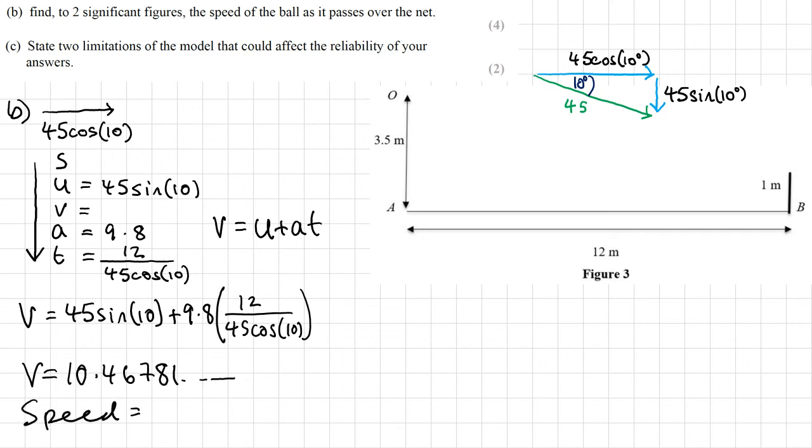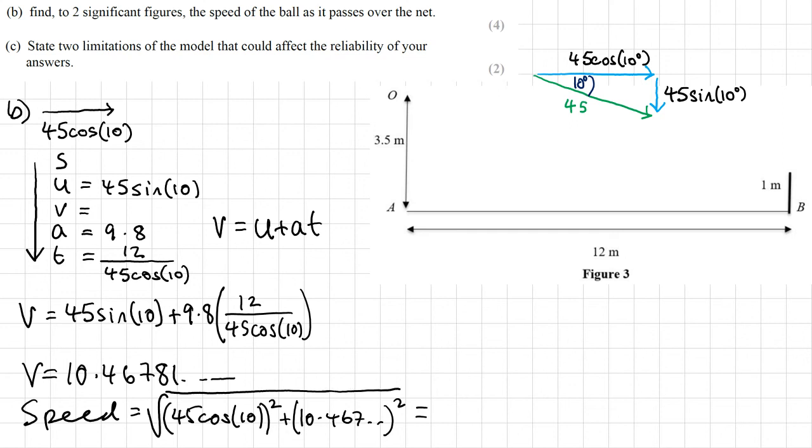I want to find the speed. So the speed is going to be equal to the square root of the horizontal part, 45 cos 10, all squared, plus the vertical part, which is this 10.467 number, all squared. And let's see what that gives us. So we get 45.535 and so on.